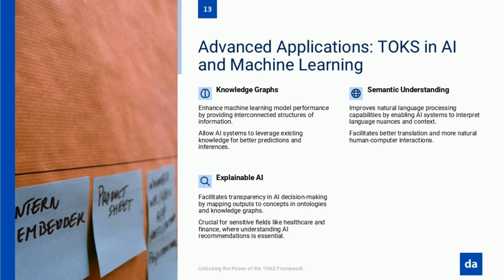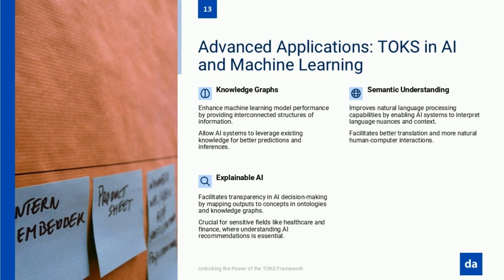TOKS is also playing a crucial role in the development of explainable AI systems. As AI becomes more prevalent in decision-making processes, there's a growing need for transparency and interpretability. TOKS provides a framework for AI systems to explain their reasoning in human understandable terms.